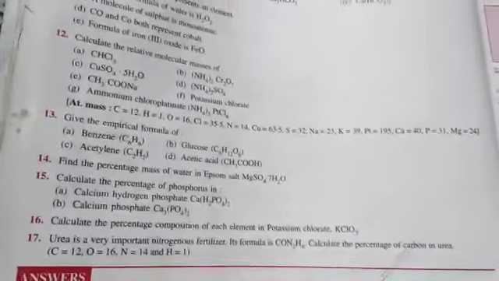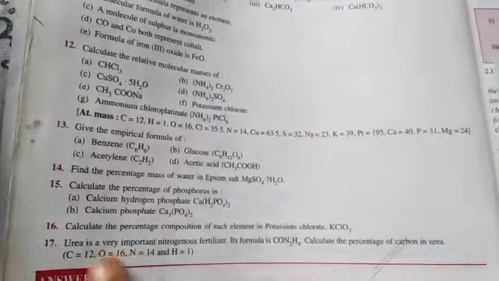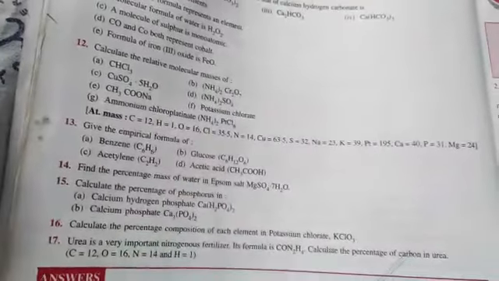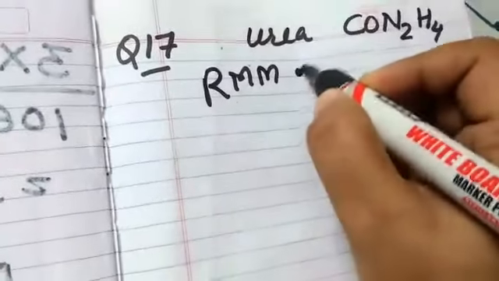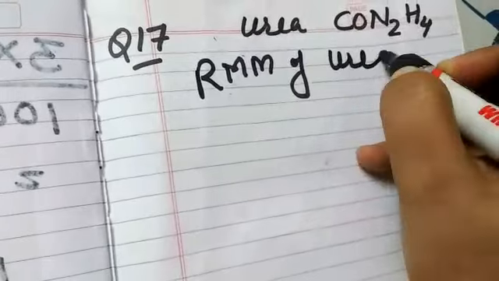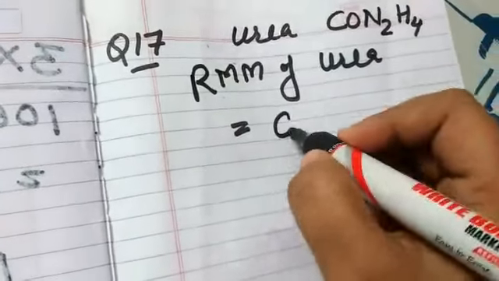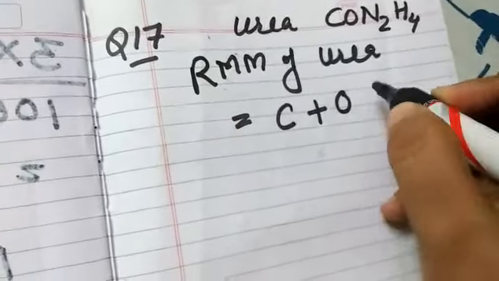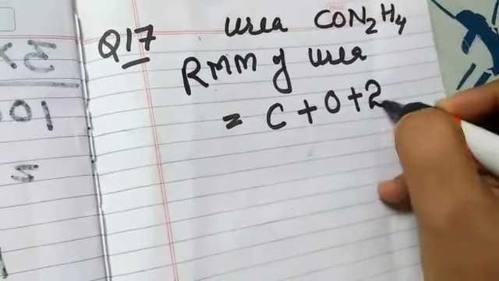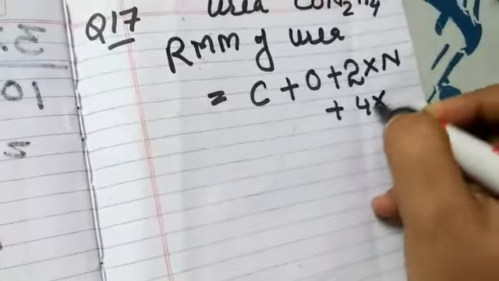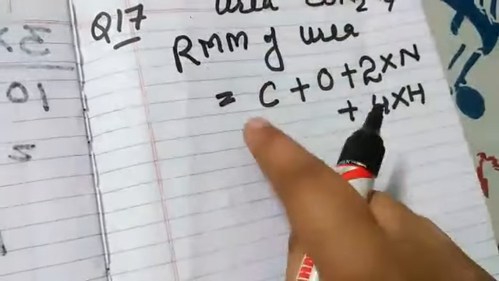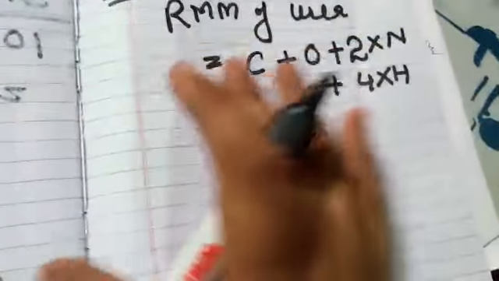So how to calculate? Now see, in this question you are given the atomic masses. So first of all, calculate the relative molecular mass of urea. This is the mass of carbon plus the mass of oxygen plus 2 into the mass of nitrogen plus 4 into the mass of hydrogen. Again I am telling you, this step I am writing only to make you understand.